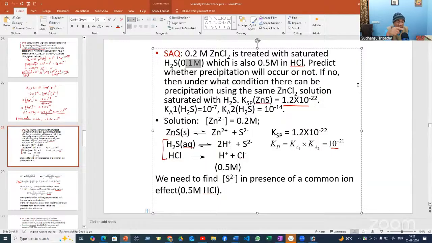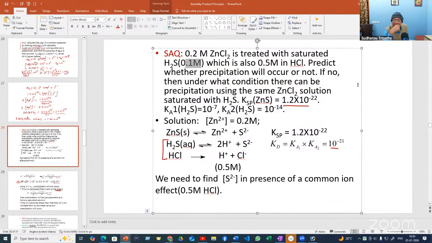Because in group 2 analytical chemistry, where we only precipitate out group 2A, the bismuth, copper, mercuric, lead, cadmium, and group 2B, arsenic, antimony, and tin, their KSP values are much smaller, 10 to the minus 30, minus 40, minus 50, like that. And group 4, zinc 2 plus, cobalt 2 plus, nickel 2 plus, manganese 2 plus, these have much greater KSP, 10 to the minus 11, 10 to the minus 12.